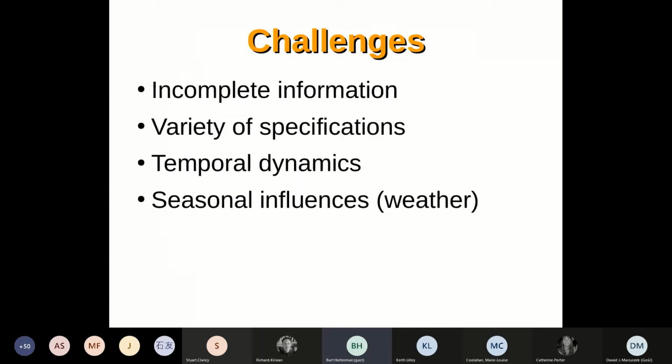Of course, there are a number of challenges if you want to put historical reality into such a model. Well, first of all, we have the problem of incomplete information. The sources never describe what you exactly want to know. There are gaps in the sources.